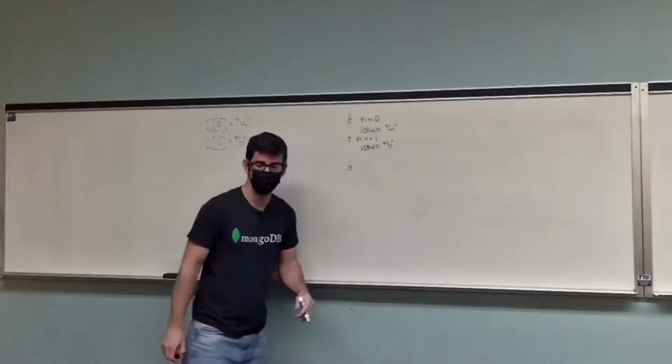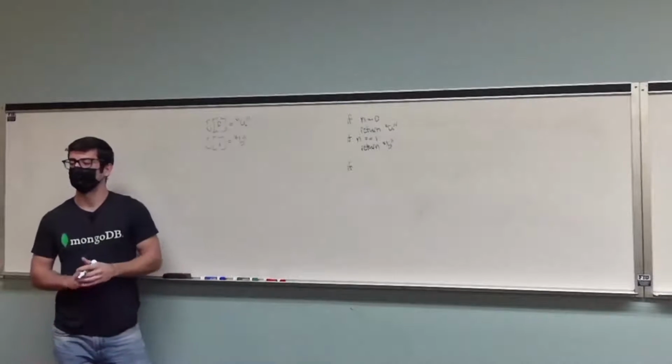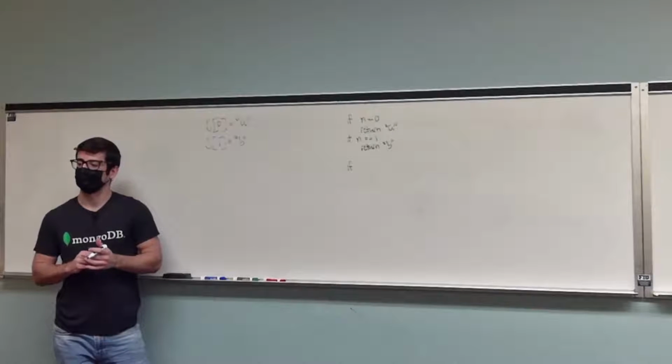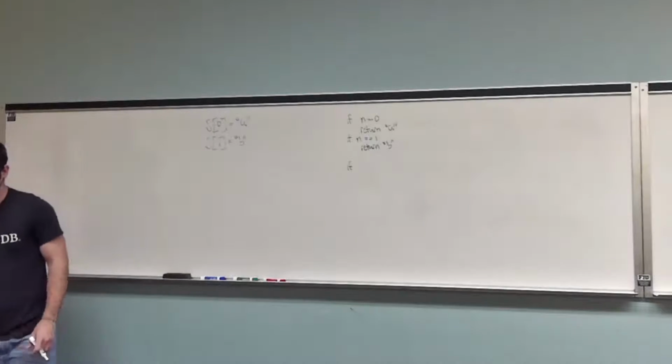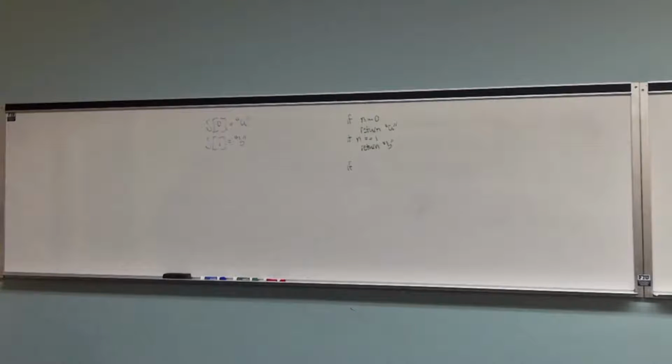What's the condition? The value of k with the corresponding Fibonacci number of n minus 2 and n minus 1.